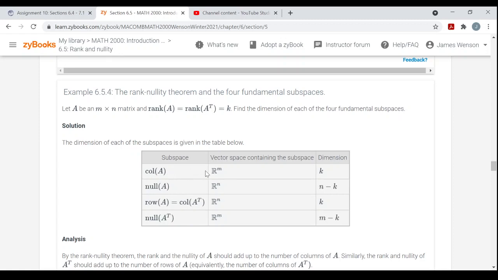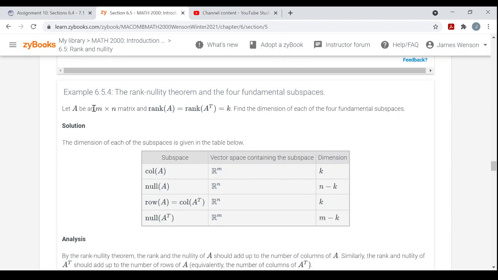If the column space has dimension k, then the left null space will have dimension m minus k, and the null space has dimension n minus k. Again, this is coming from the rank nullity theorem. If the rank is k and there are n columns, then the nullity has to be n minus k.